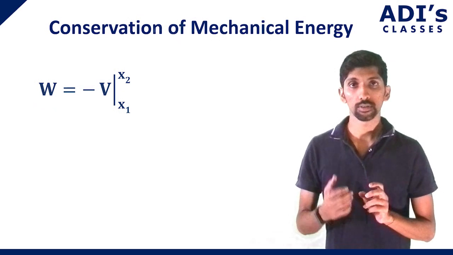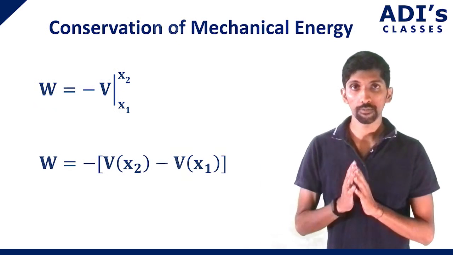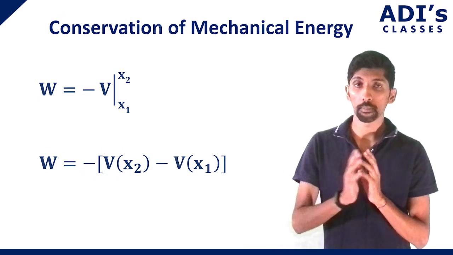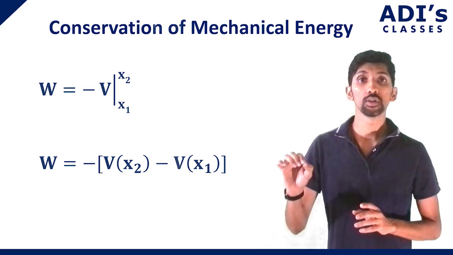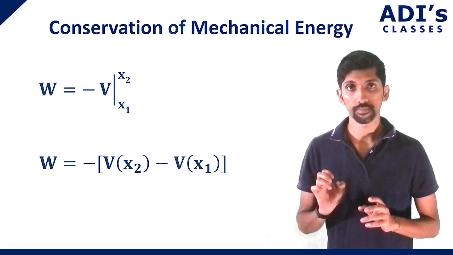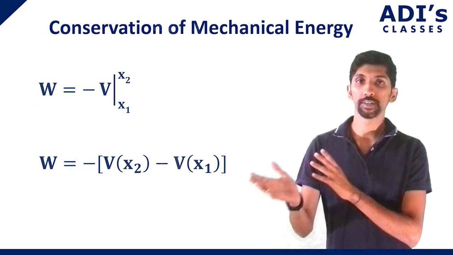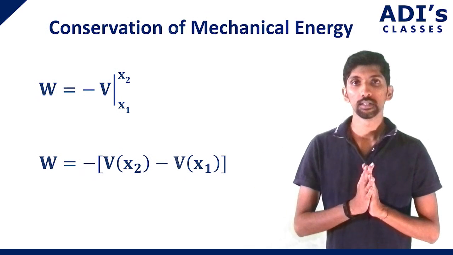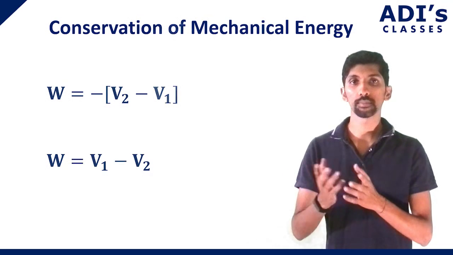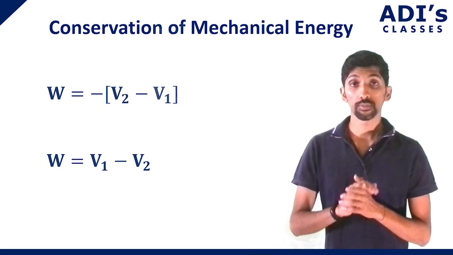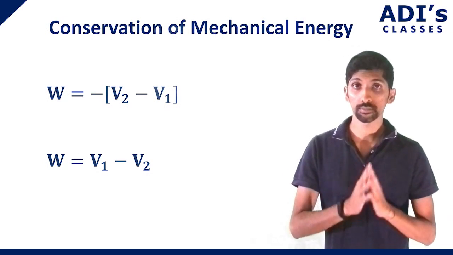So we have minus of V of x2 minus V of x1, that is the potential at x2 and the potential at x1. Now we'll call that V2 and V1 for simplicity. So we have negative of V2 minus V1, that's nothing but V1 minus V2. So we have work done as V1 minus V2.